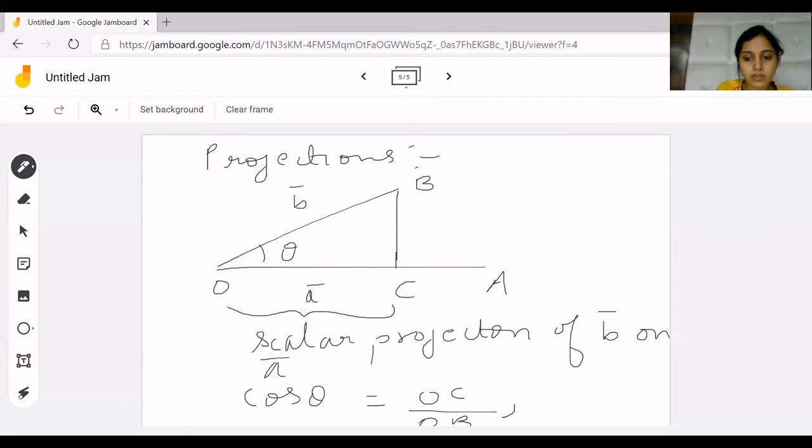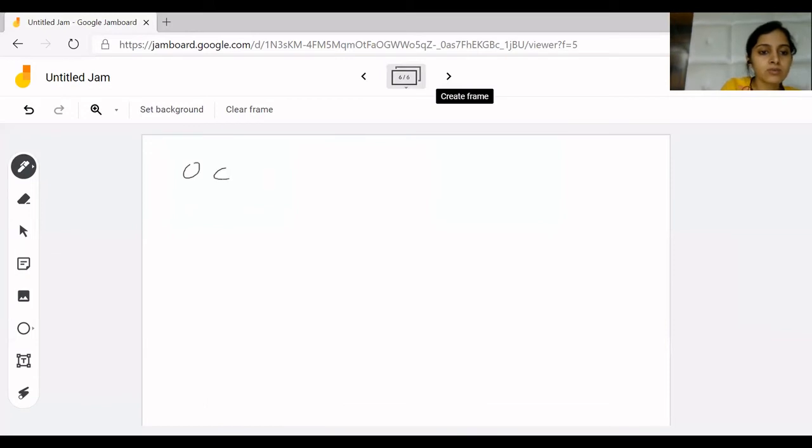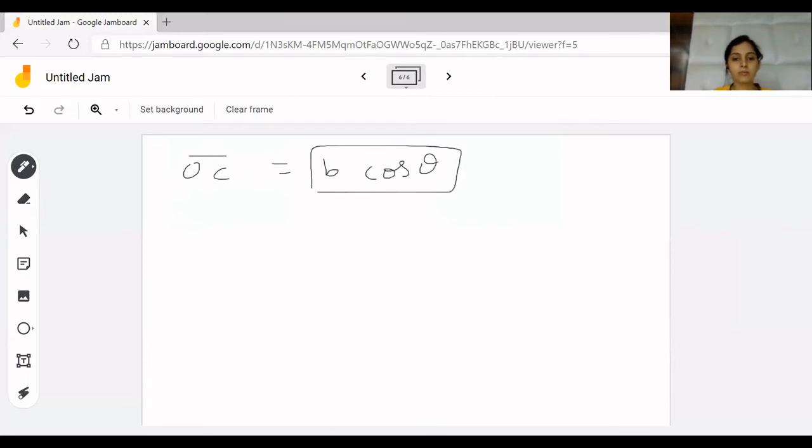Therefore, projection OC is equal to OB cos theta. This is how we will find out OC. So OC can be written as B cos theta. Now, the scalar projection of B bar on A bar is B cos theta.